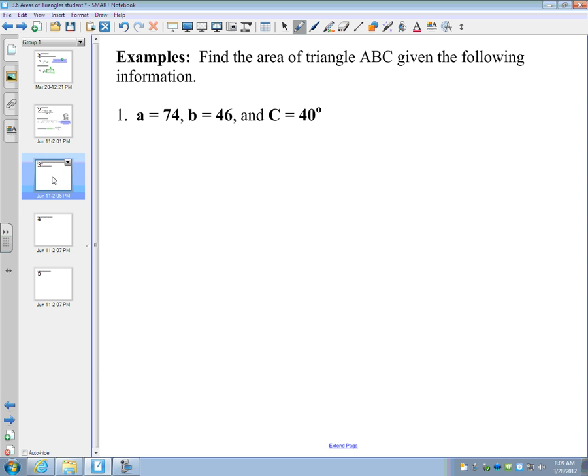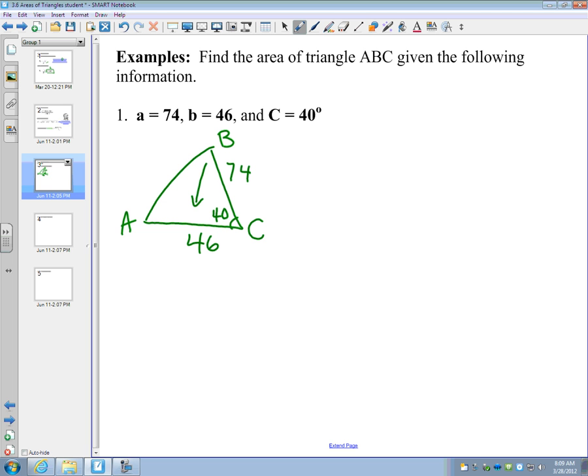Find the area of triangle ABC given the following. A is 74, B is 46, and C is 40. Let's just quickly sketch this triangle. Let's call this A, B, and C. We know C is 40. We know A, which must be directly across from A, is 74, and B, which is directly across from B, is 46.